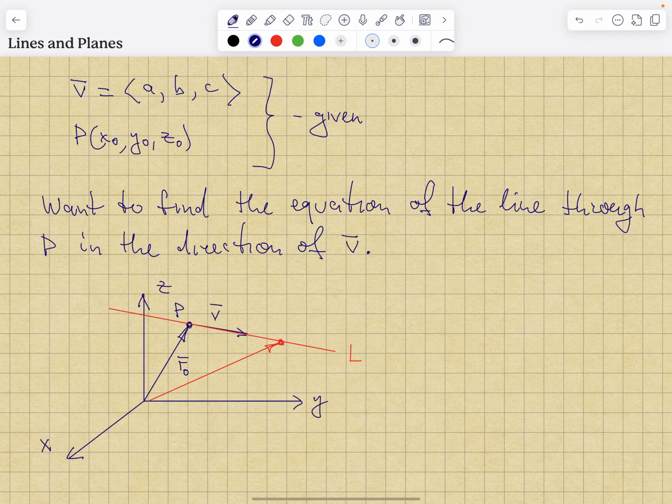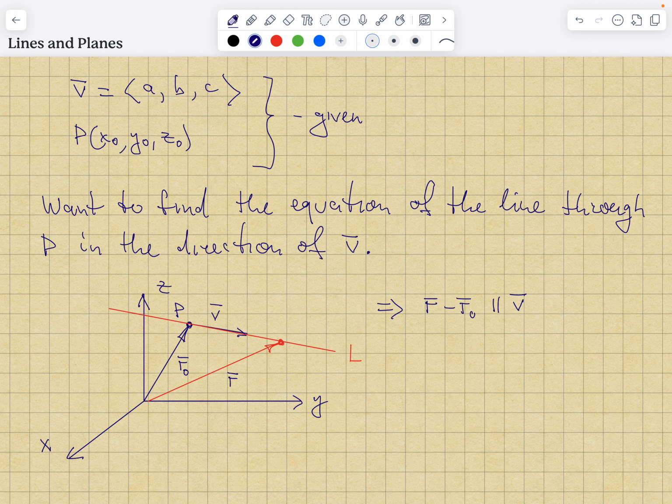For an arbitrary point, this vector is R. And so this shows to you that the vector R minus R0 should be parallel to the vector v.